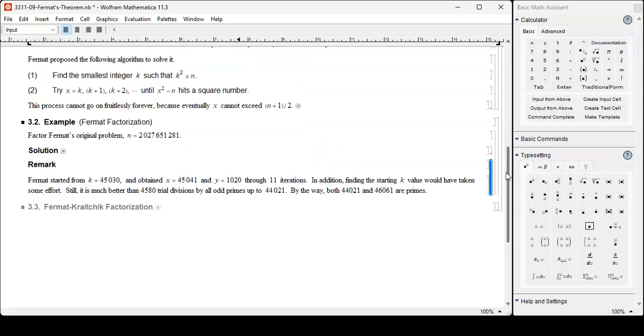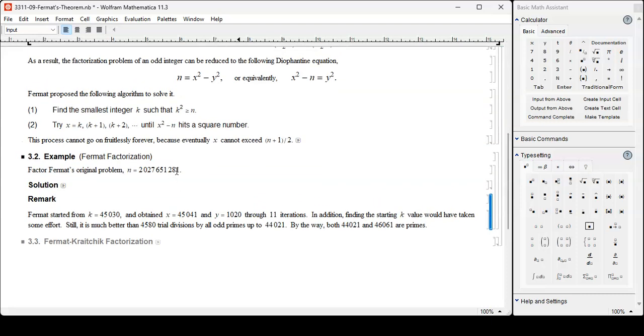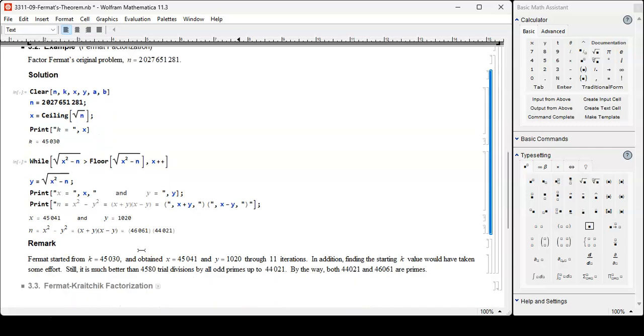So Fermat obtained this prime factorization of 2,027,651,281 as 46,061 times 44,021.